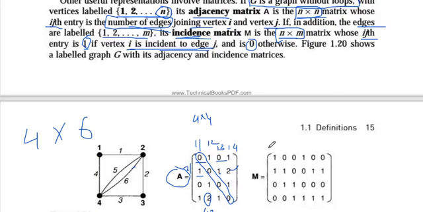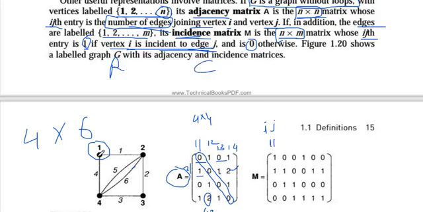So let's start with an example so you can get a better idea. Let's start with the first row, first column. Here the row index is called i and the column index is called j. The definition says vertex i and edge j, so you calculate the row as a vertex and the column as an edge.